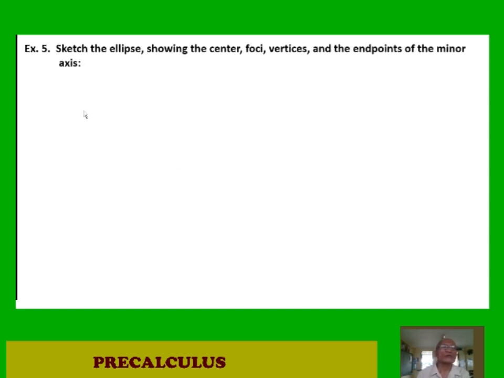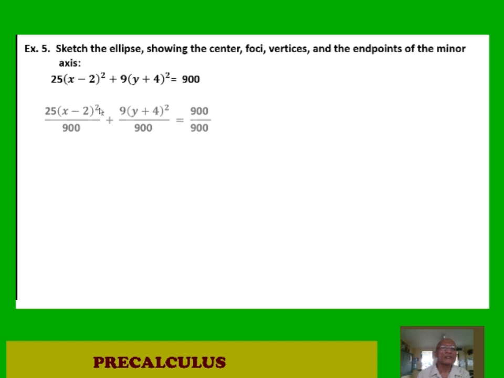Okay, example 5. Sketch the ellipse showing the center, foci, vertices, and the endpoints of the minor axis, for this equation. First is to transform this equation into standard form of an ellipse. Dividing each term by 900 so that the right side becomes 1. Then reduce to lowest terms, 900 divided by 25, 900 divided by 9.